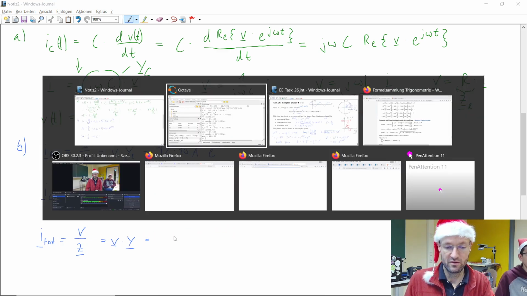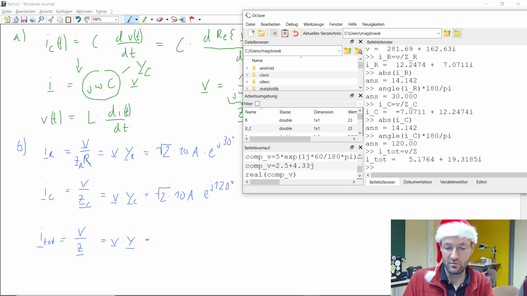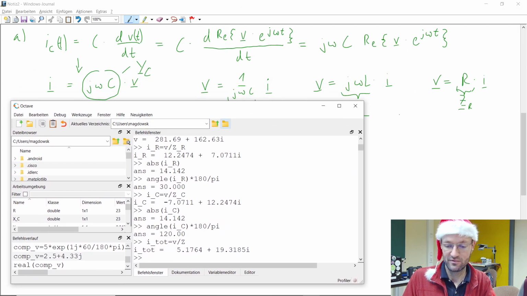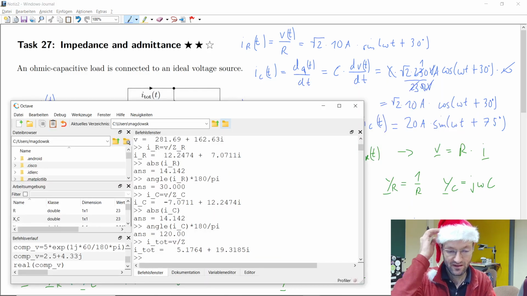And the total current, I total, is V divided by the total Z. And then we get this. And so now if we try to compare this result with what we got before here, and if I calculate the absolute value of this total current, what would you expect?